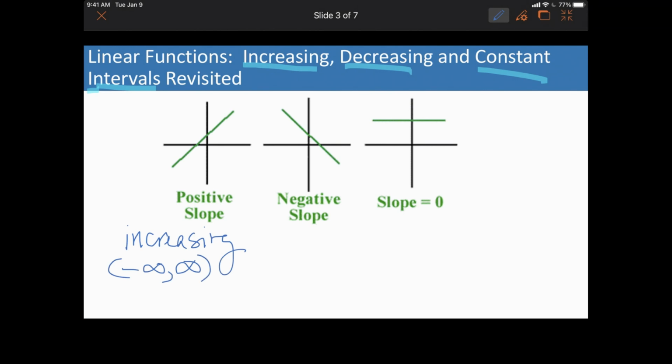Now our negative slope would be decreasing along the whole function. And this, because the slope is 0, it's flat, it is constant. So it's taking an old concept of slope and putting it with a new idea and terminology of increasing, decreasing, and constant intervals, and just connecting the two.